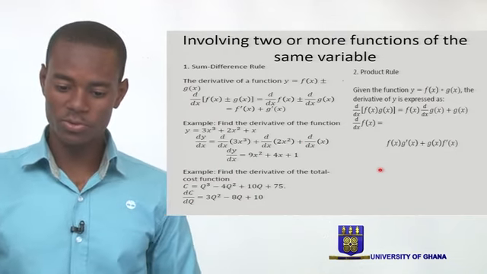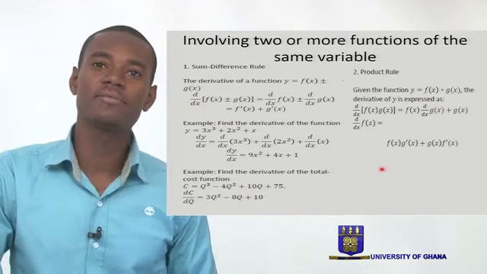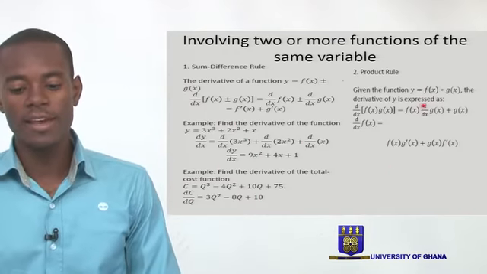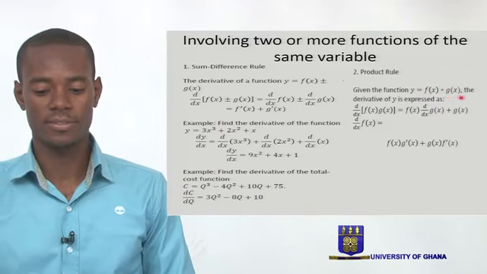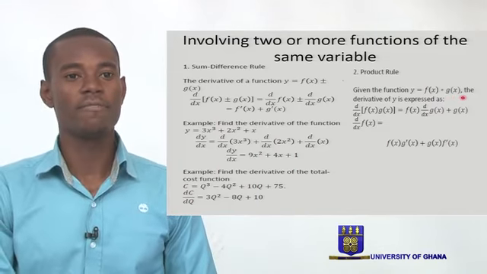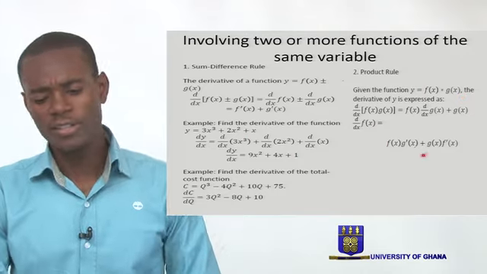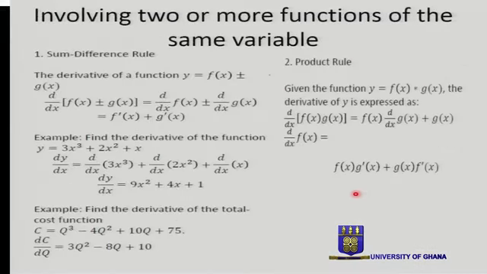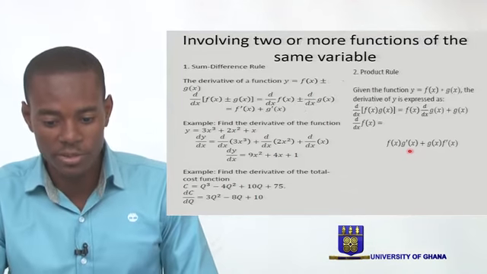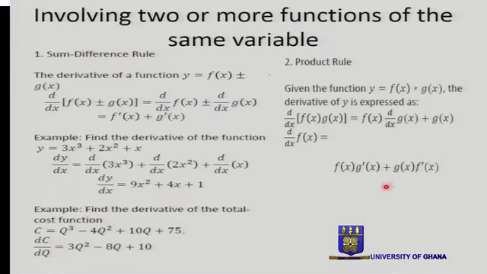We'll call this one the product rule of differentiation. Now, the product rule says that if you have a certain function, let's say f of x times g of x, then if you want to find the derivative of a function like this, two different functions multiplying each other, all it's saying is take the first function, leave it as it is, multiply it by the derivative of the second function, which is g prime of x, and then join them with whatever sign, whether it's plus or minus.